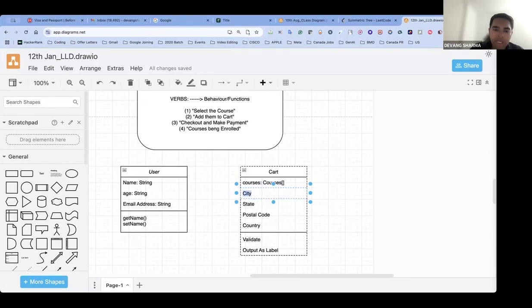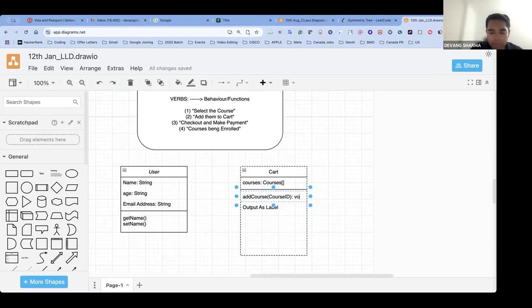What else? I can include more things in the cart, but I don't want to complicate things. So I'm just deleting all the things which we might not need and keeping only the things which are relevant. So what is relevant? First thing, I would have an add course, which will take course ID as parameter.